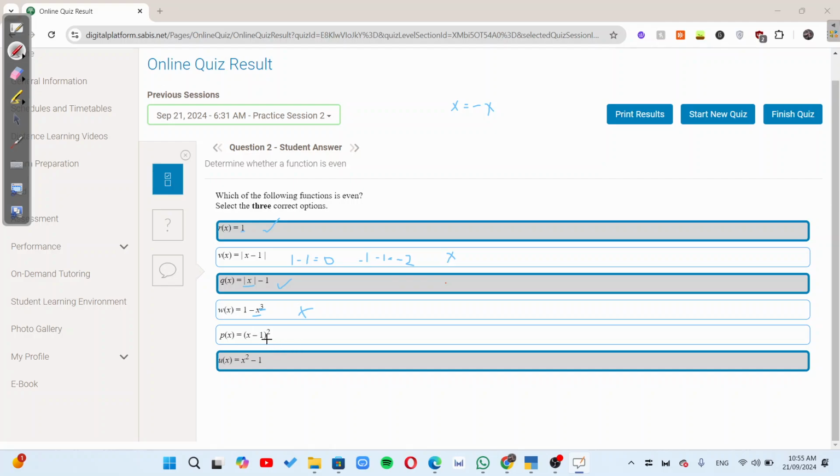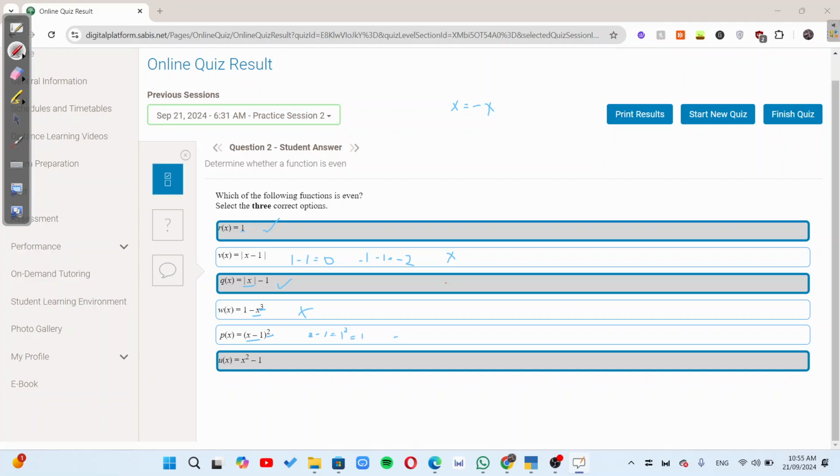Here you're going to say, oh, but it's an even exponent, why isn't it right? So here you first have to solve whatever is in brackets, then square it. So let's try, actually let's do a different number. 2 minus 1 gives you 1, and squaring that, you get 1.